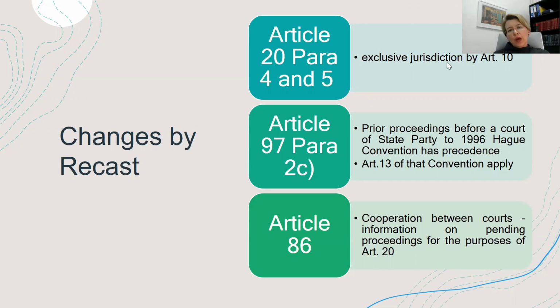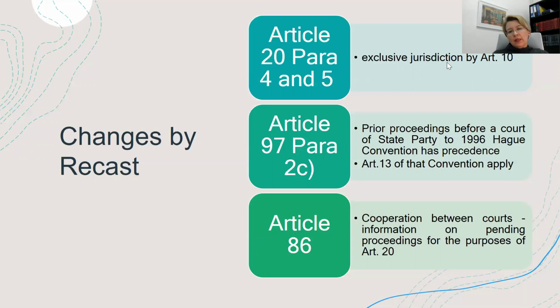There are also other provisions that relate to or affect the functioning of the lis pendens rule. One of them is Article 97, where the interaction with the 1996 Hague Convention is tackled, and prior proceedings before a court of a state party to that convention would have precedence.